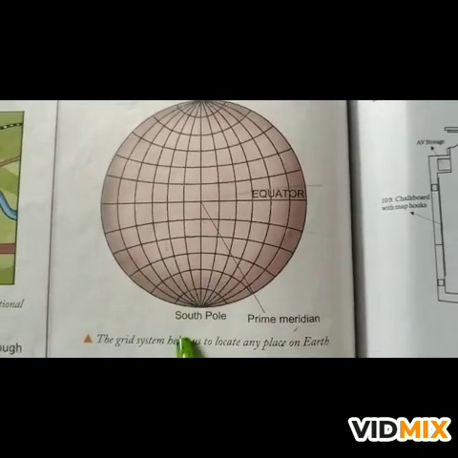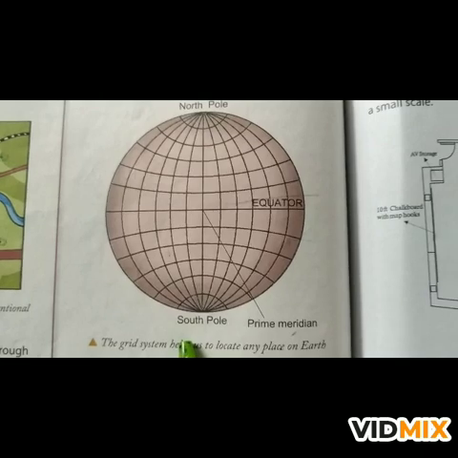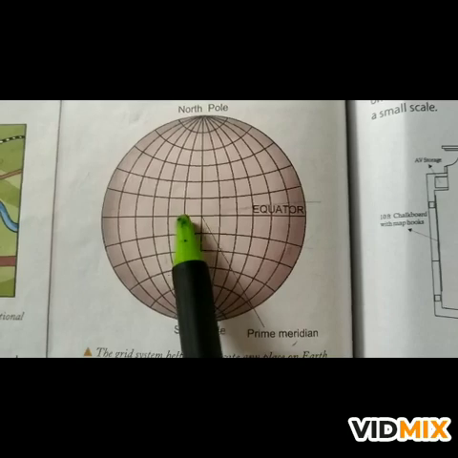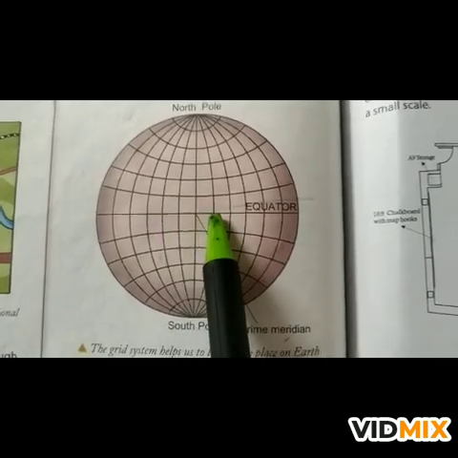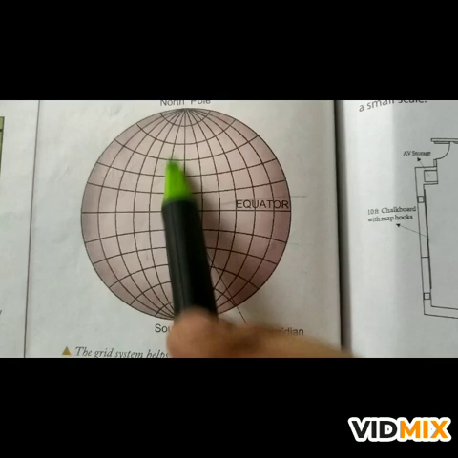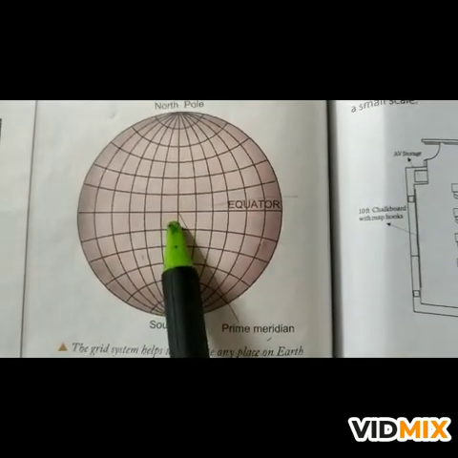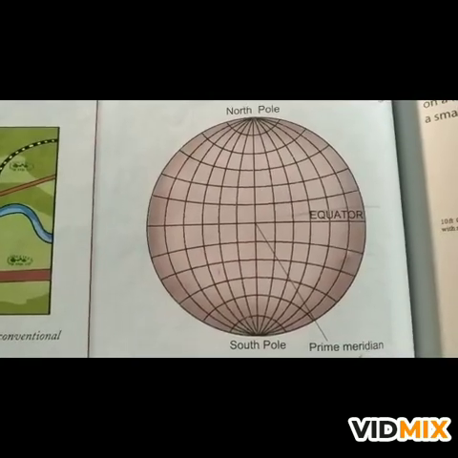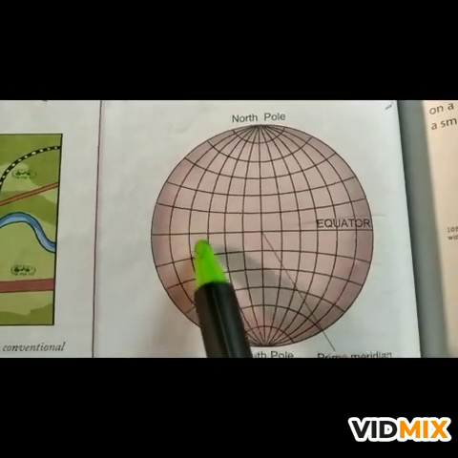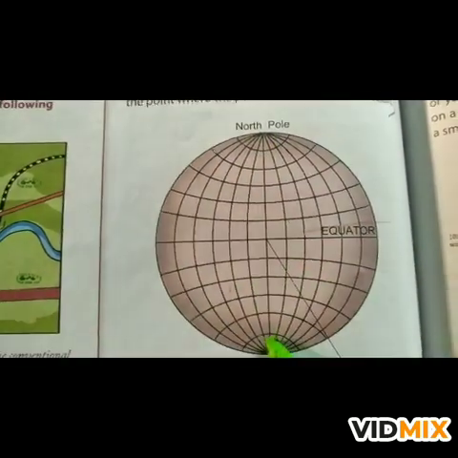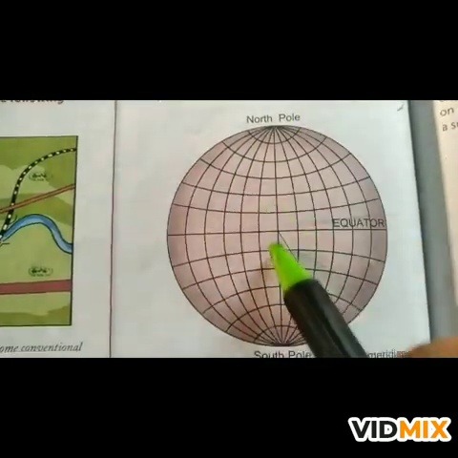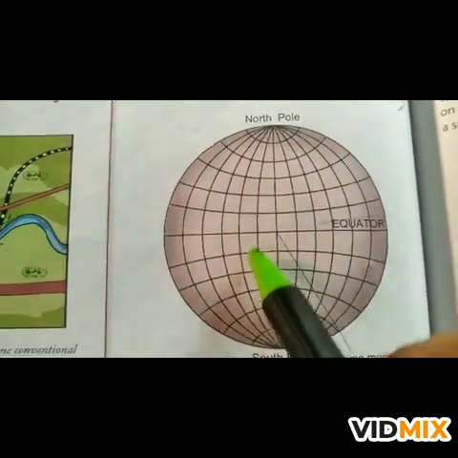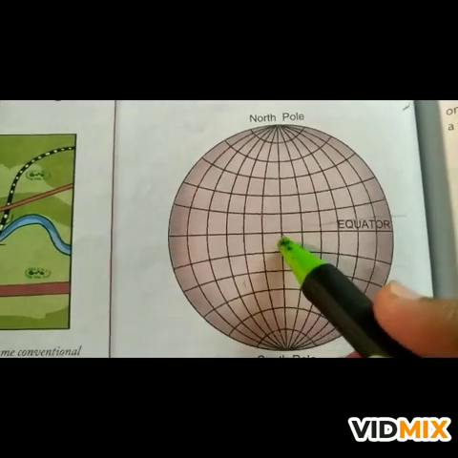The maximum distance between the meridians is at the equator. You can see the maximum distance is at the equator. This is the equator, and you can see the maximum distance between the meridians is at the equator. The last fact is that as the lines of the meridians go away from the equator and go nearer to the pole, the distance between the meridians decreases.